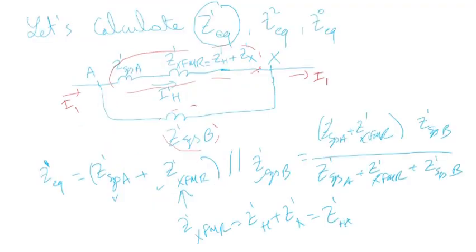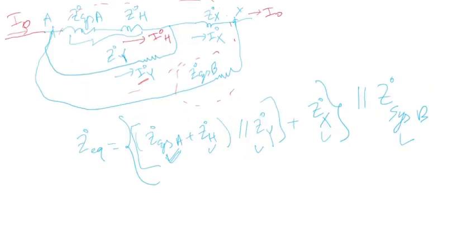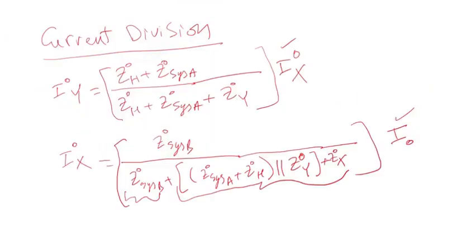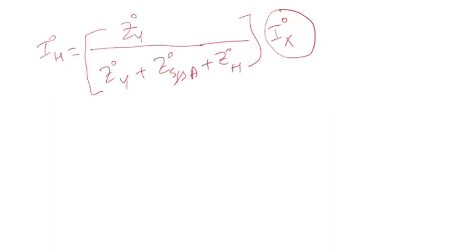Then I started calculating the equivalent impedances. Then I used current division to calculate the current through the tertiary or delta winding, through the low voltage winding, then the high voltage winding. So now I'm going to continue.